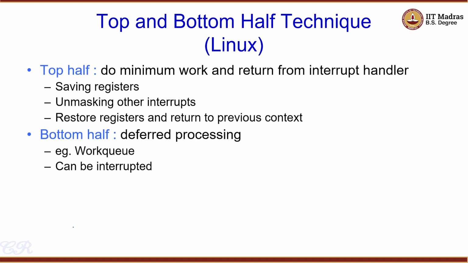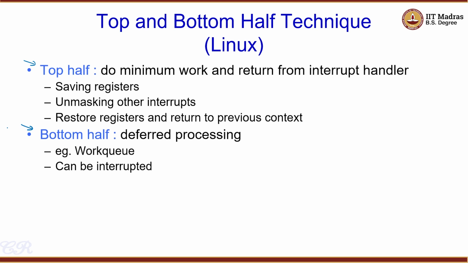So what a typical interrupt handler does is split the entire handling into two parts. One is called the top half, and the second is called the bottom half. The top half is the part of code which gets executed as soon as an interrupt occurs.